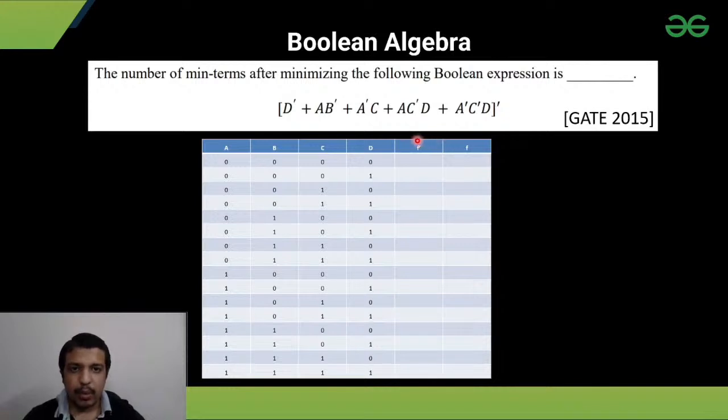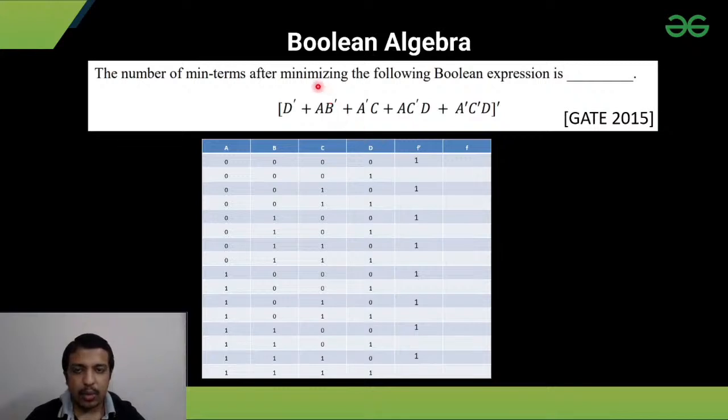So let us find f complement first. Wherever the literal d is 0, we can put a 1 in f complement. Here d is 0, here d is 0, here d is 0. So we'll put a 1 in f complement wherever d is 0.